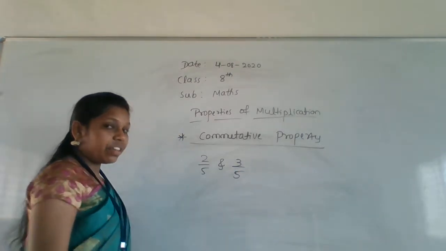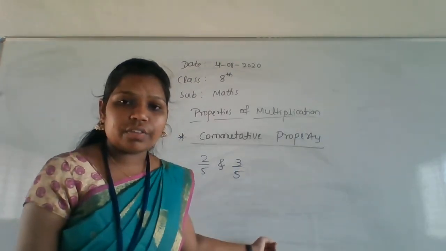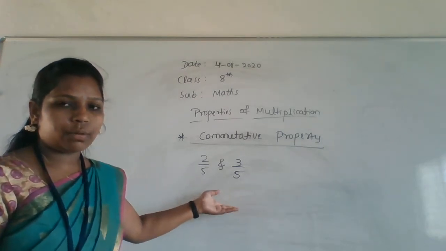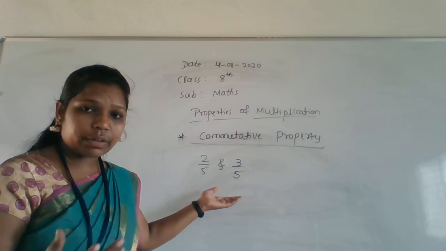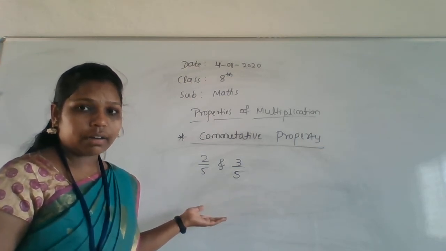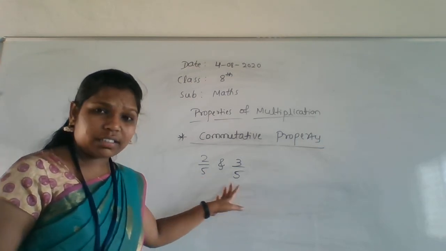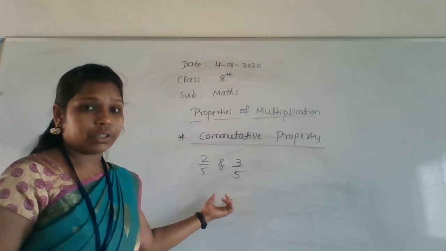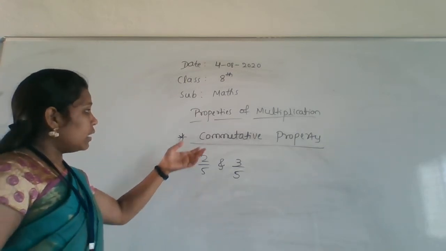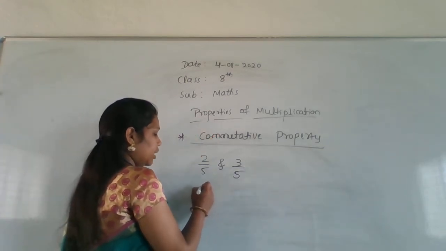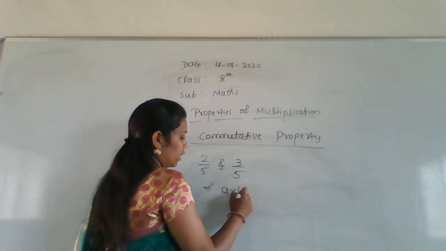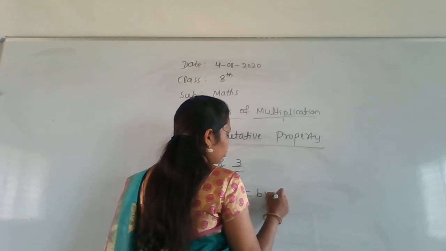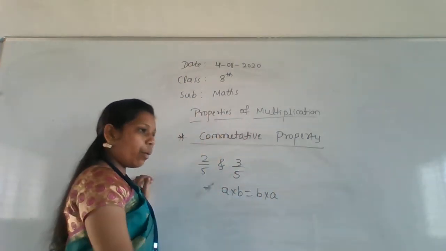If you want to take 3 by 2, 3 by 6, whichever you want, you can take that number. It doesn't matter. I'm taking just two examples of rational numbers here. So commutative property, in general, is A into B is equal to B into A. This is what the commutative property says.